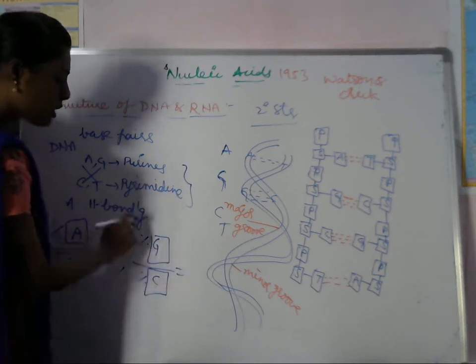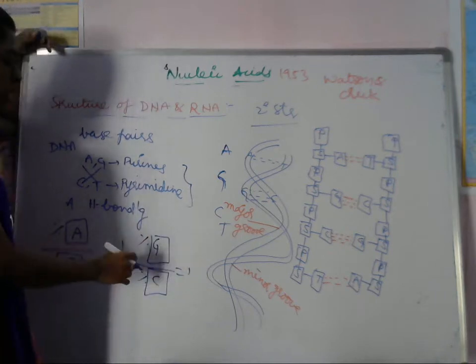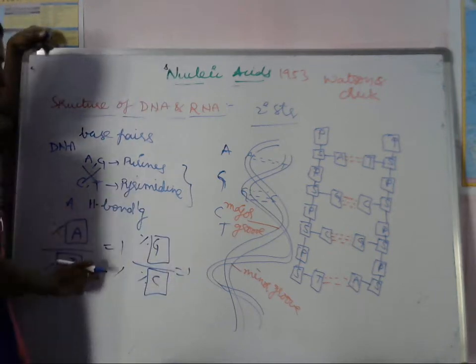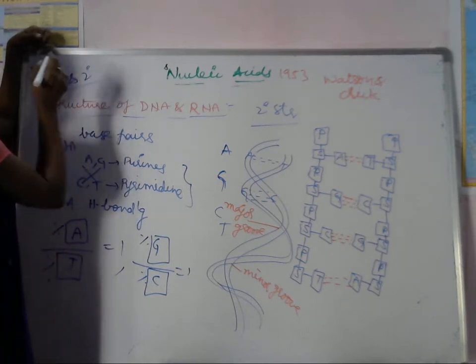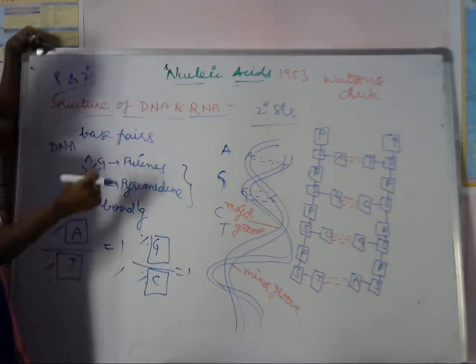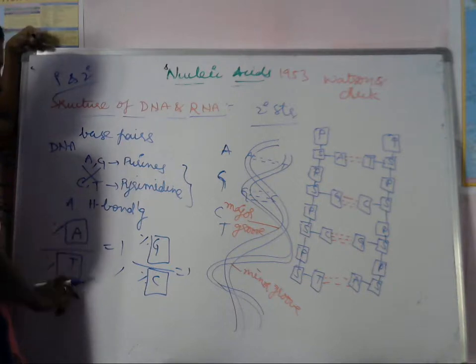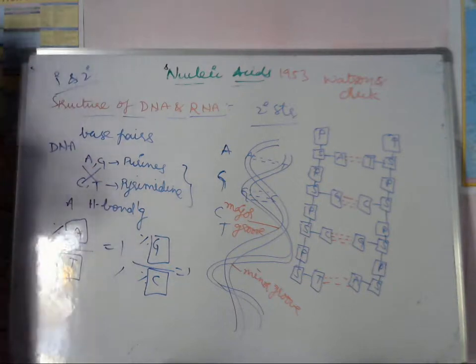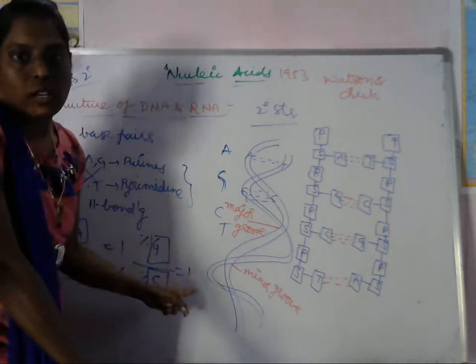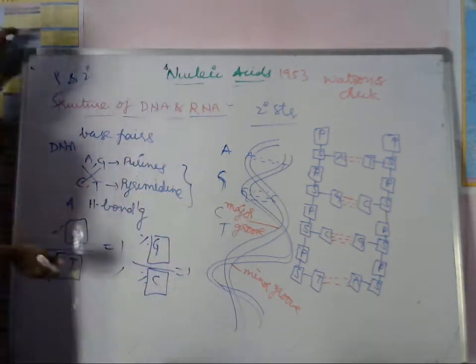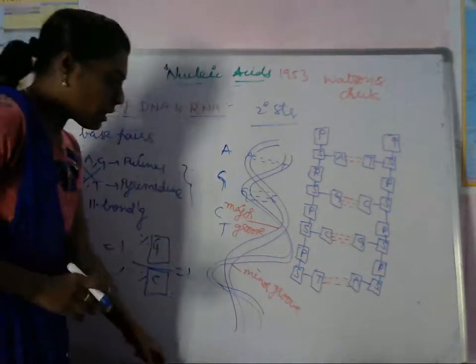So in the primary or secondary structures of DNA, this ratio of A to T and G to C should always be equal to 1. So what is the conclusion here?